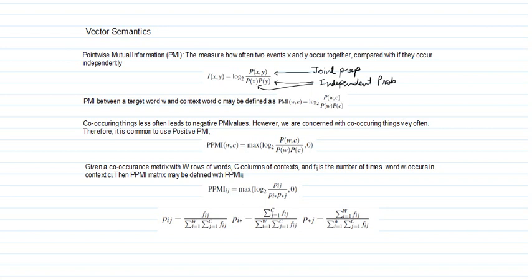Okay, so pointwise mutual information in respect of a given word W and a context C may also be defined in a similar way, that is log 2 of P of W comma C divided by P of W dot P of C. But it is often seen that the negative values of PMI are not that much good.